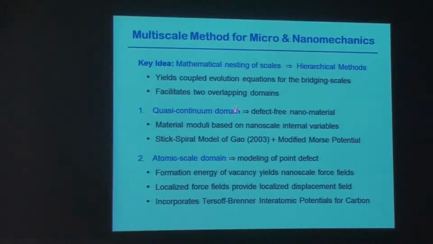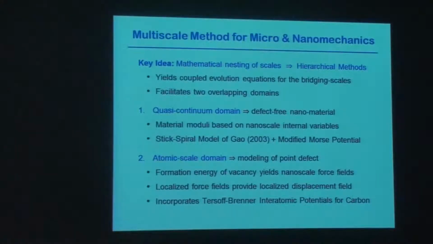So in the quasi-continuum model, we will use material moduli that are based on nanoscale-based internal variables, wherein we are going to use the stick-spiral model that was proposed by Huajian Gao at Harvard and co-workers. This is a kinematic model that, given a load applied on a graphene sheet or a nanotube, tells how the bond lengths and bond angles change.